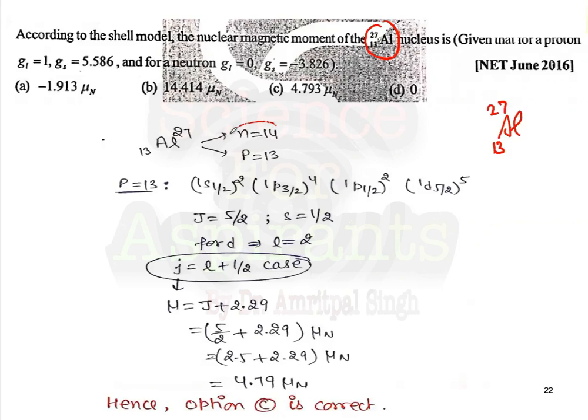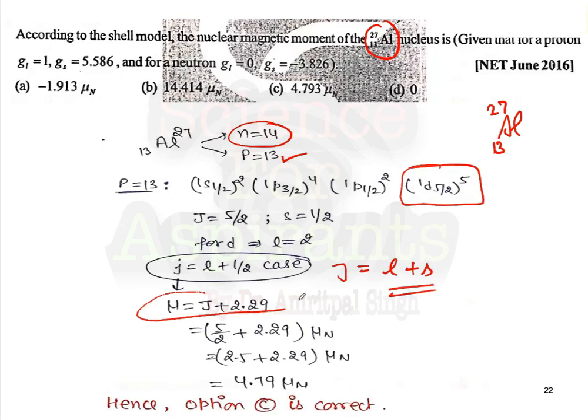Here you can see that the neutron number is even, so the spin will be due to the last unpaired proton, and it comes out to be 1d 5 by 2. This is a case of J equal to L plus S, and for the proton we have to use this formula, J plus 2.29 times the nuclear magneton. From that you can find the nuclear magneton. That comes out to be 4.79. So the correct option is option C.